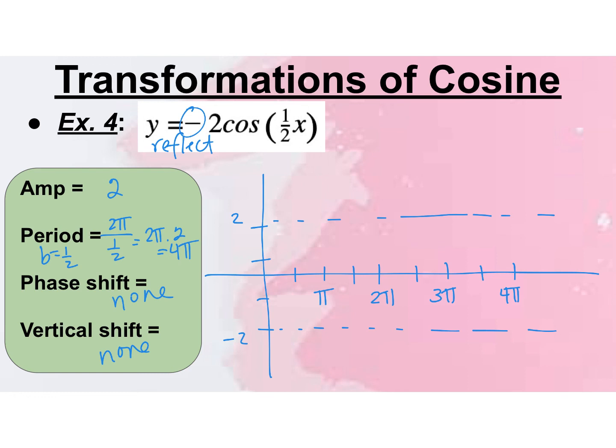So normally I would be starting up at 2, but I'm going to start down at negative 2. 0, negative 2. I'm going to go to the end of my period, which is 4 pi. I'm going to cut that in half, which is 2 pi, and I'm at max. Cut that in half, but I'm at my middle, and my middle for my 5 key points of this reflected cosine graph.